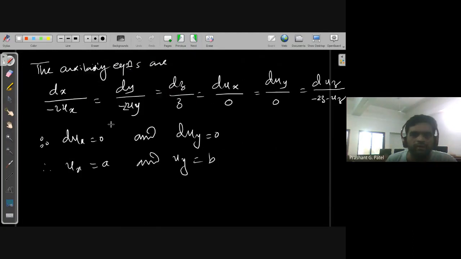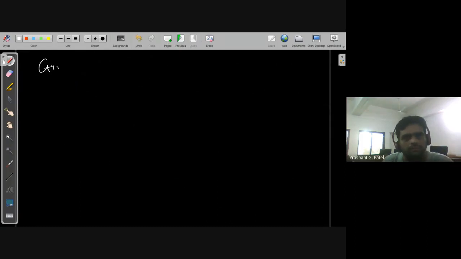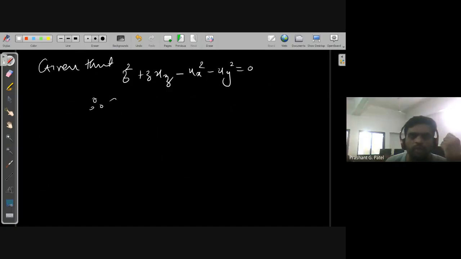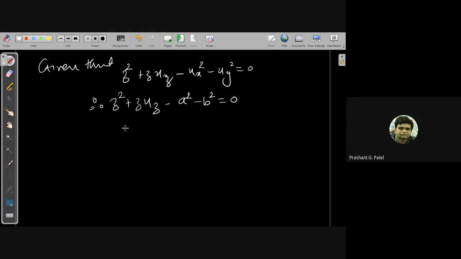So here, given that z square plus z into uz minus ux square minus uy square equal to 0. If I substitute the values of ux and uy, that will give me z square plus z uz minus a square minus b square equal to 0.